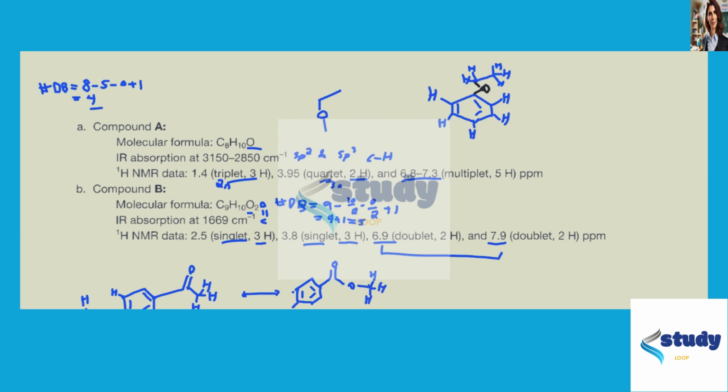Then my methyl group will be here off of this carbon, because its neighboring carbon does not have any hydrogens either, so this would still be a singlet. Given this data, it's actually hard to distinguish between these two, but it's going to be one of these two forms. Either one is acceptable.